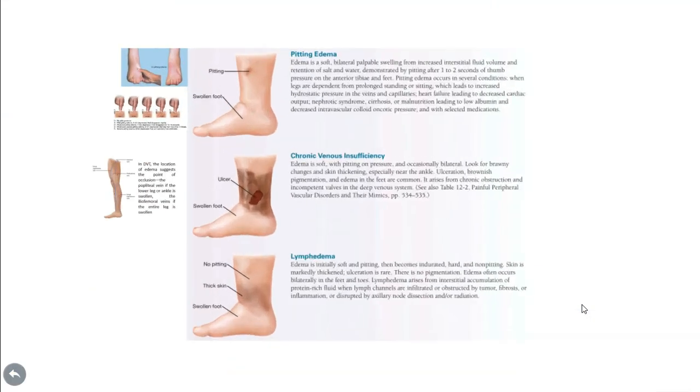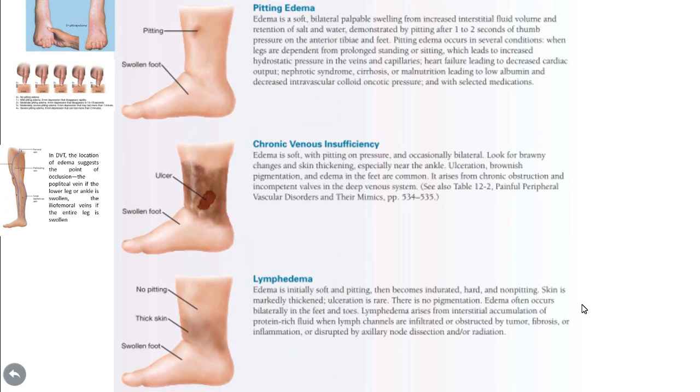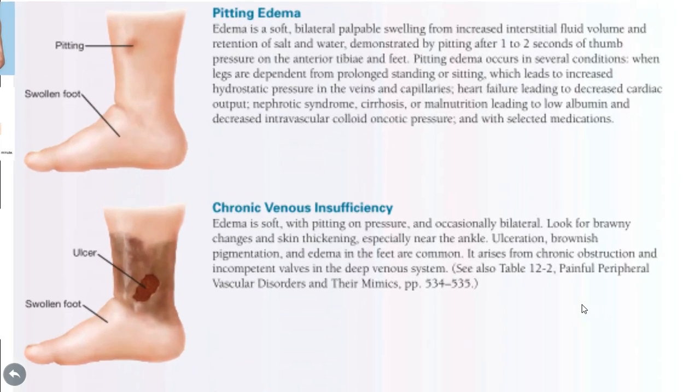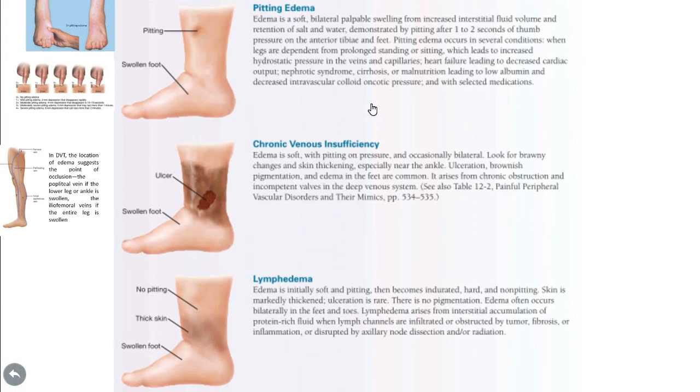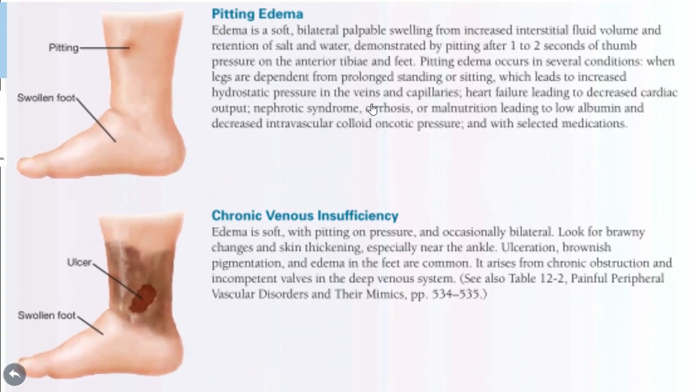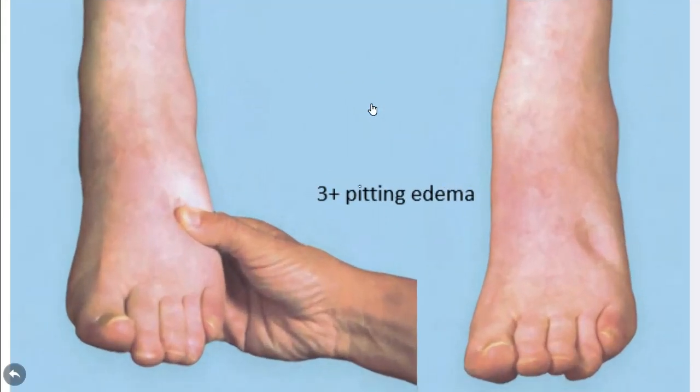Next, you need to check for the presence of edema. Is it pitting edema? It can be due to heart failure, cirrhosis, malnutrition. You can grade it as 1 plus, 2 plus, 3 plus. You can just press on this area.